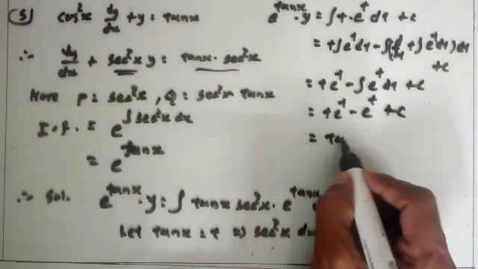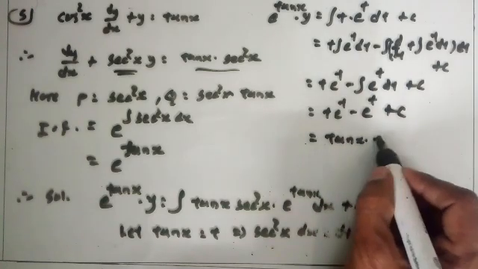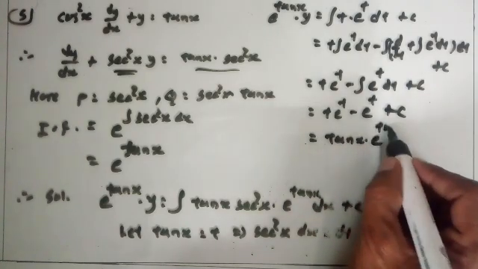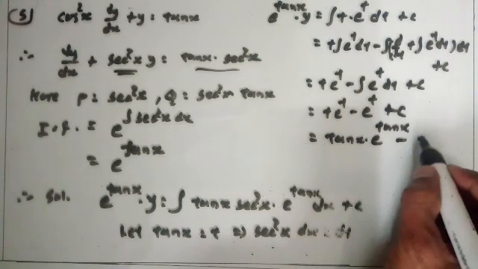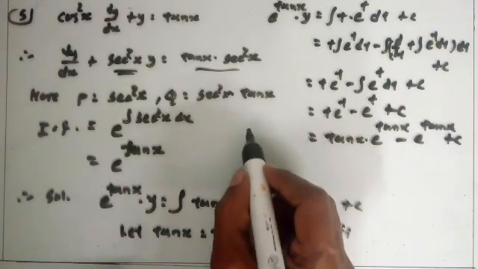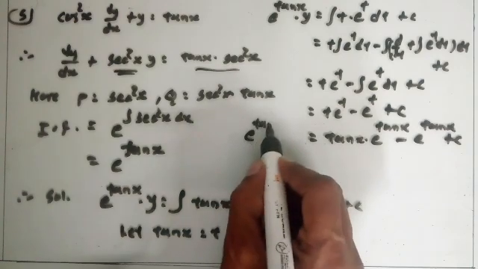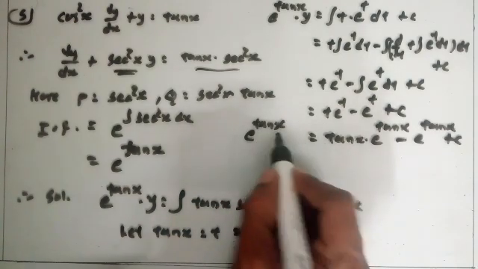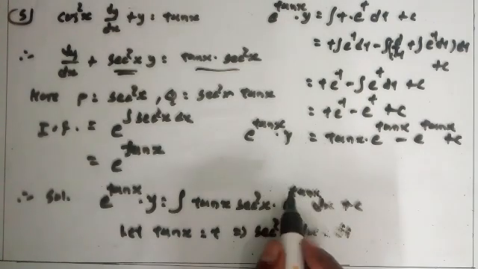We get 10x into e raised to 10x minus e raised to 10x plus c. So e raised to 10x into y is equal to this.